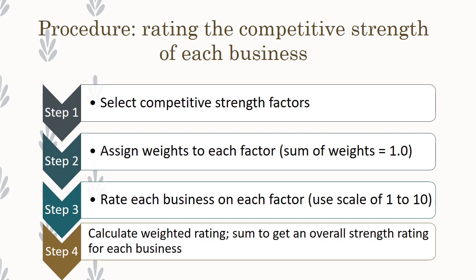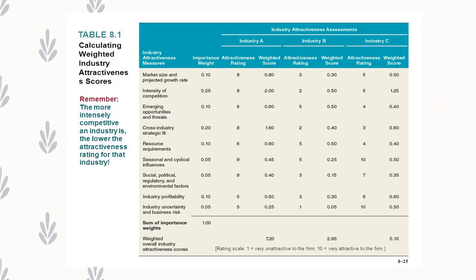Calculate the weighted rating sum to get an overall strength rating for each business. Table 8.1 shows calculating weighted industry attractiveness scores. Rating scale: 1 equals very unattractive to the firm and 10 equals very attractive to the firm.